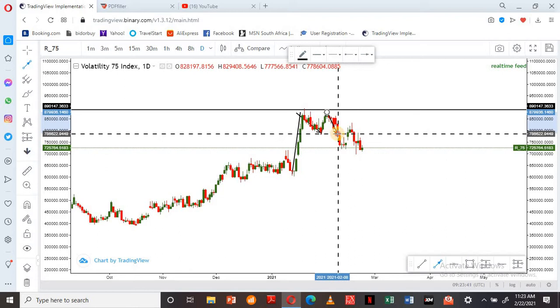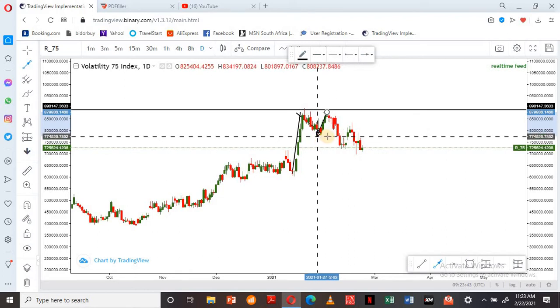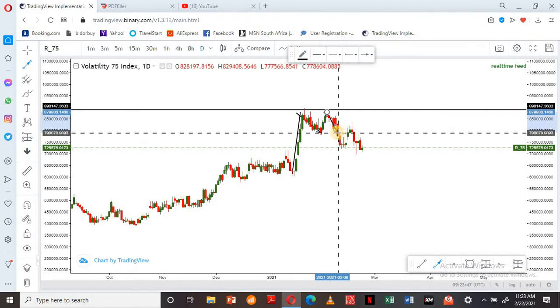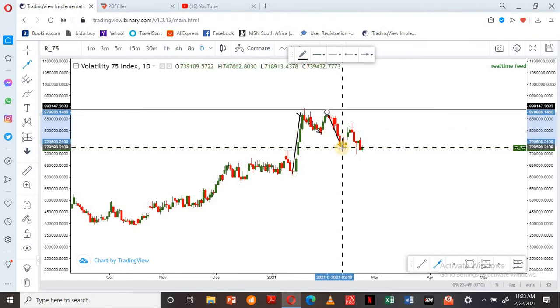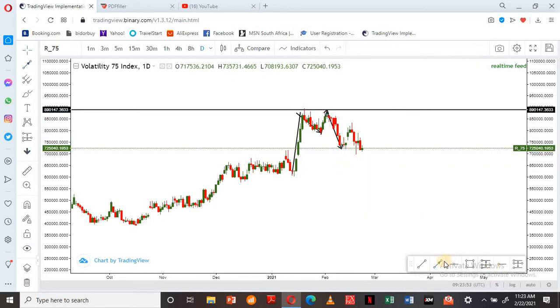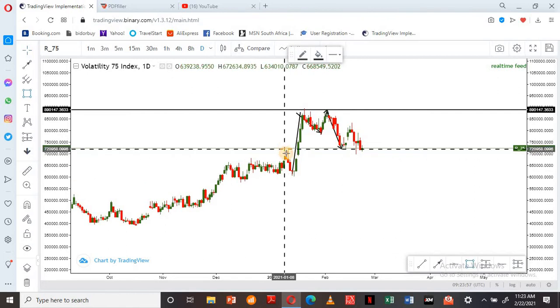Instead of respecting the level of support here, it broke out and came here to respect this level of resistance.